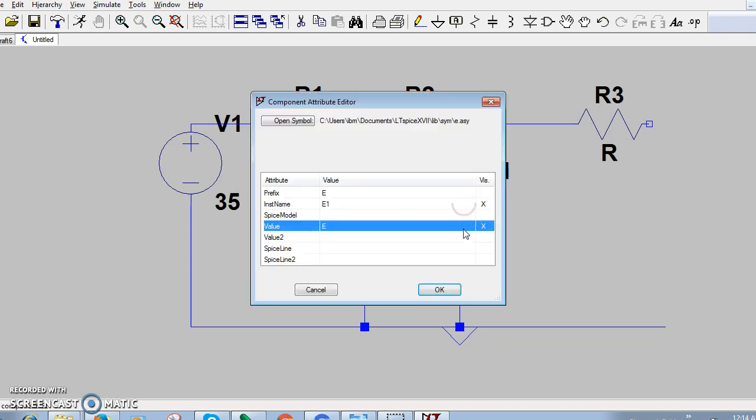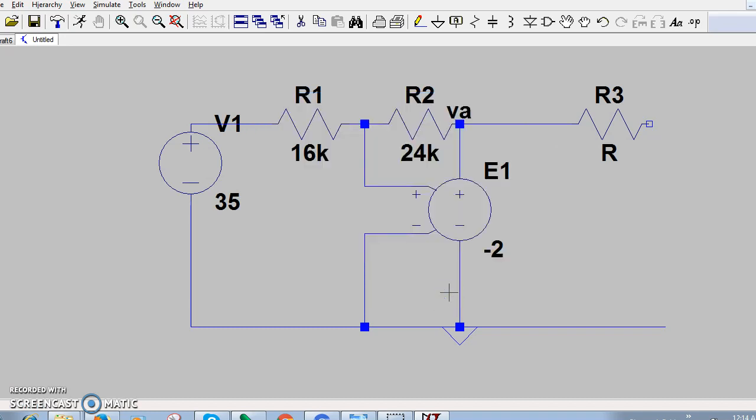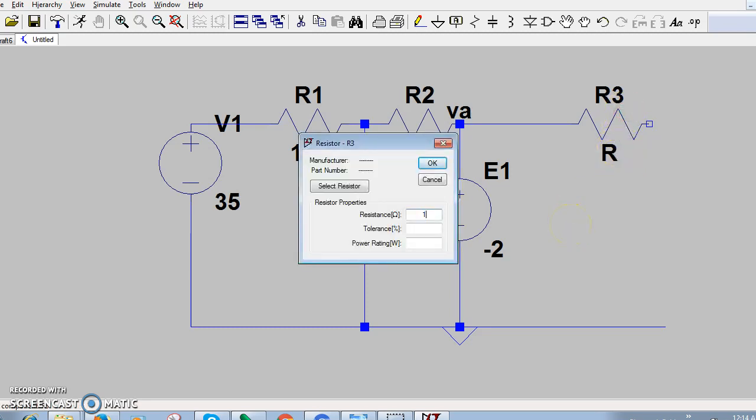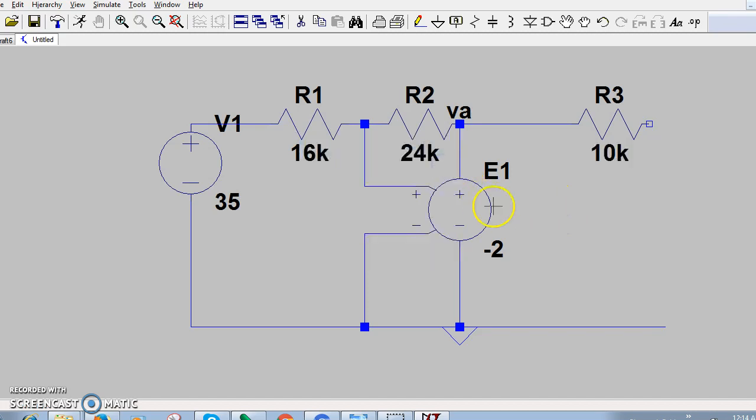Over here the gain is of -2 as given. This resistance is of 10 kilo ohms. Okay, now let's simulate the circuit and see what the results are.